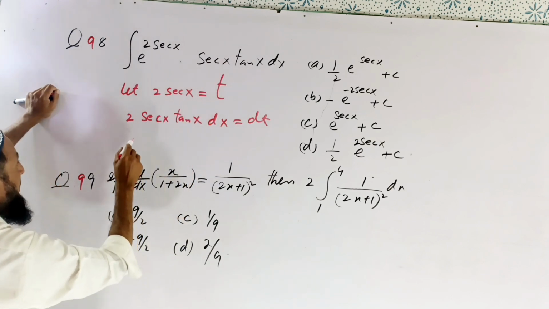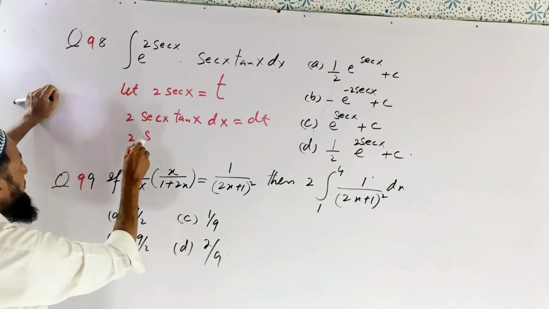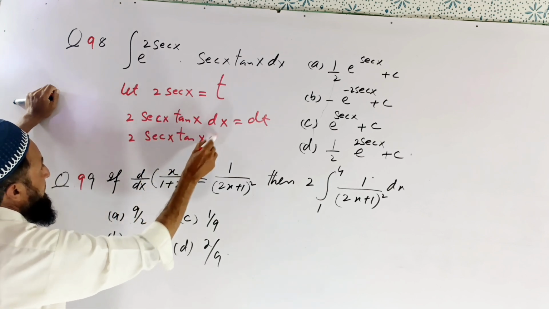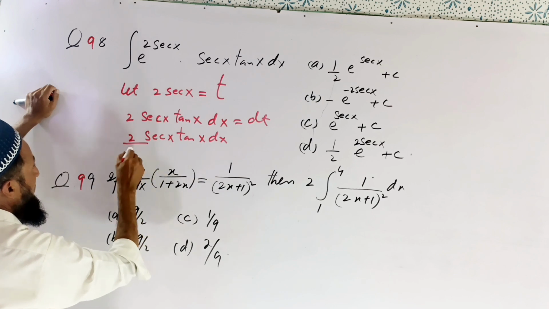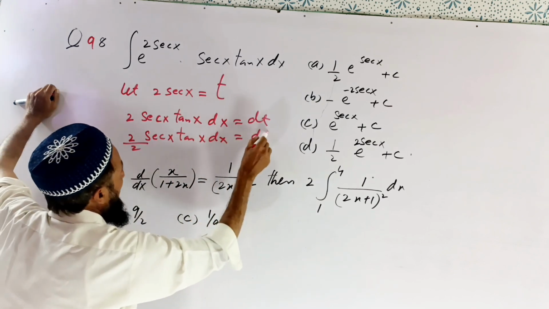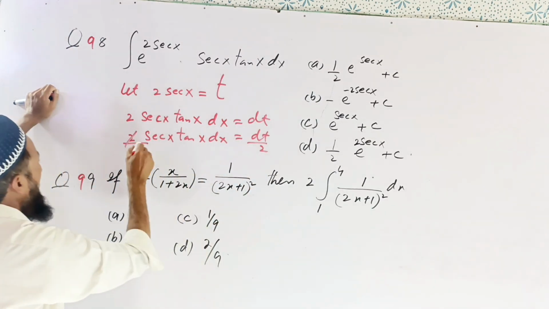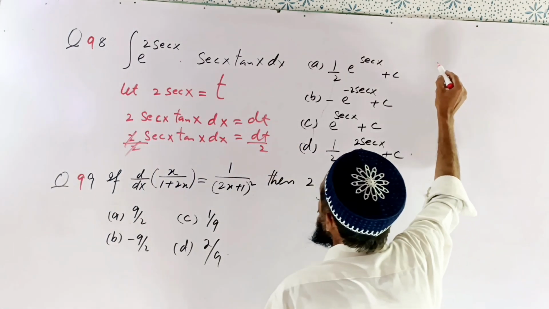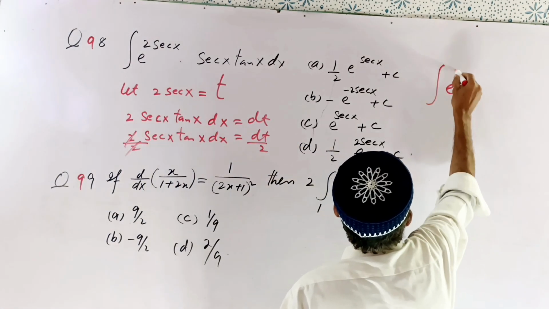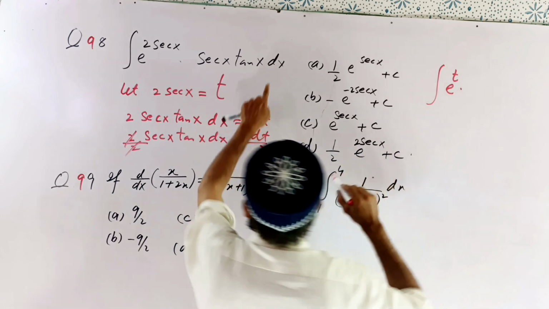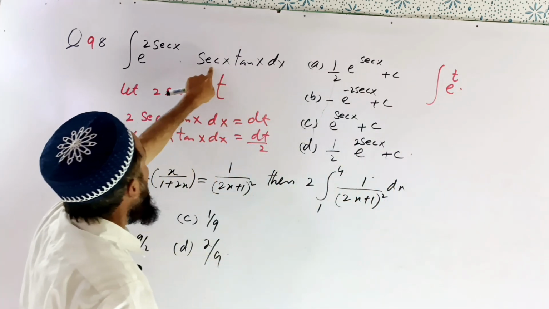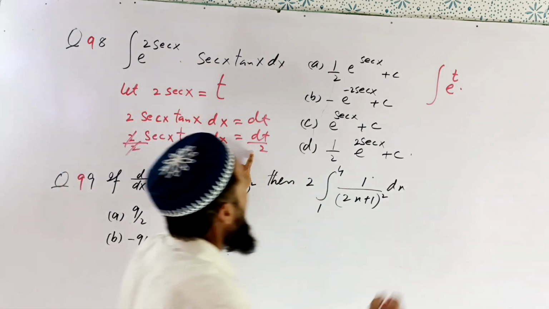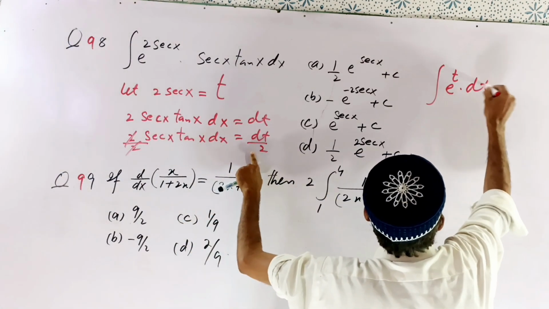Dividing both sides by 2, this will be cancelled. Now we substitute the result in the formula: secant x tangent x dx is equal to dt divided by 2.